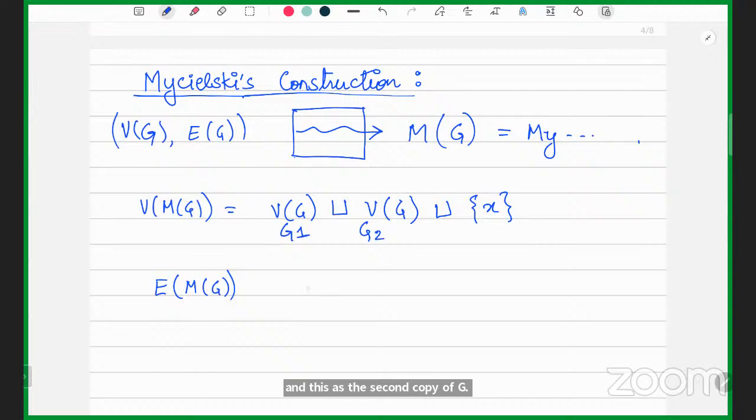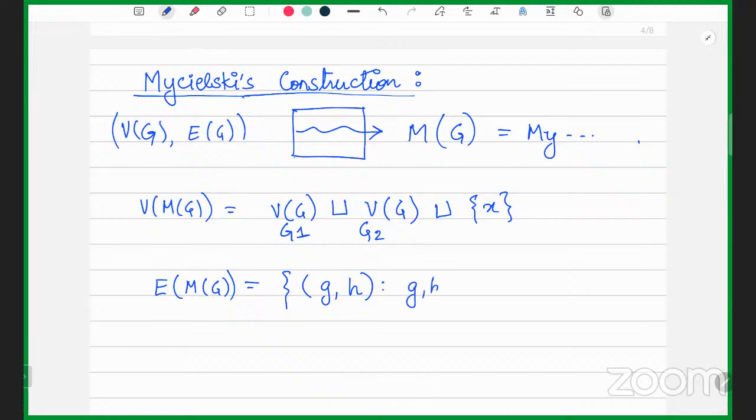So edges of G, or rather, how should I put it? Let me put it this way. When I put this, I am trying to say that it's coming from the original copy.